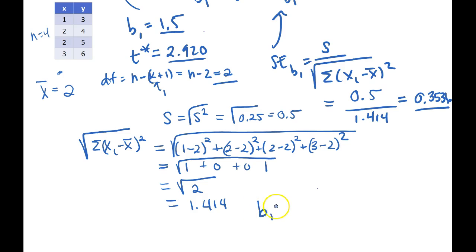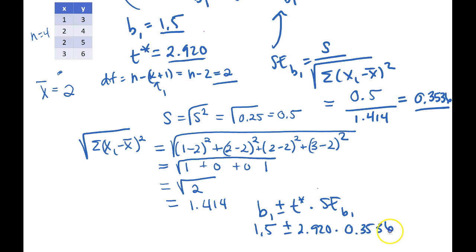Again, this is b1 plus or minus our t critical value times the standard error of our statistic. So b1 is equal to 1.5 plus or minus 2.920 times our standard error of 0.3536.